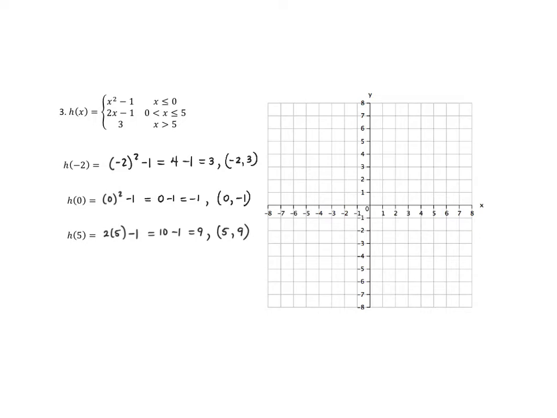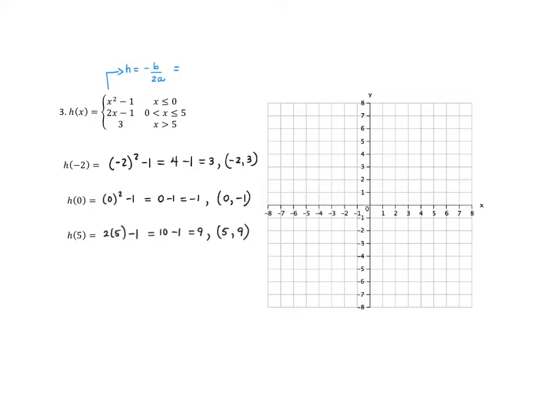Now, since I have a quadratic right here, I would love to know the vertex of that quadratic. Every single time that you have a quadratic, you want to find out what the vertex is equal to. So in order to do that, we're going to use the formula h equals -b over 2a.